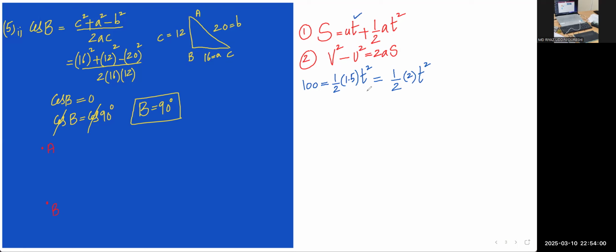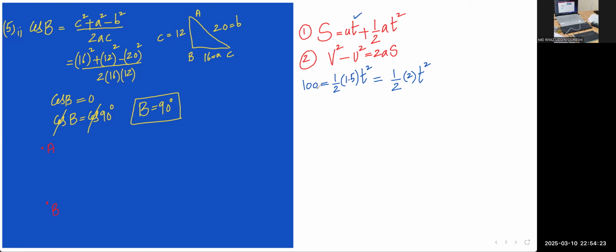We have to solve this relation to get the time. How did you get the 2? It's given in our question. Car A moves with constant acceleration 1.5 and car B moves with constant acceleration 2 meters per second squared. Here I'm using 1.5, here I'm using 2.